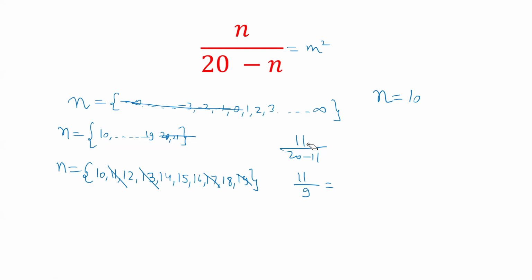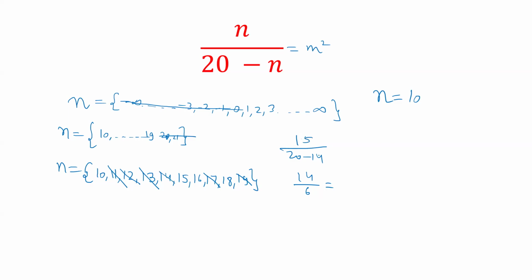Now let us take 12. 12 by 20 minus 12 is 12 by 8, which is not an integer, so it cannot be a square of an integer. So 12 is not possible. Taking 14, 14 upon 20 minus 14 gives 14 by 6, which is not an integer, so I will strike off 14 also.